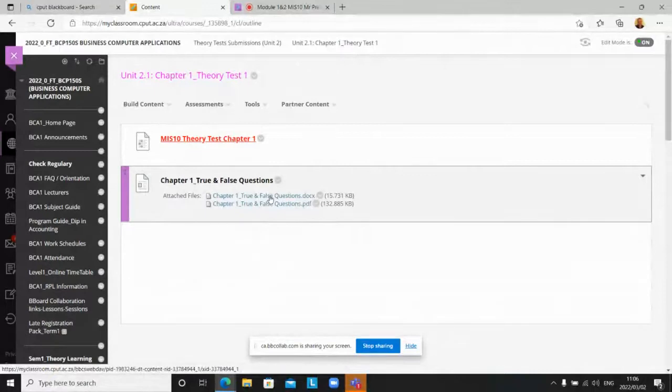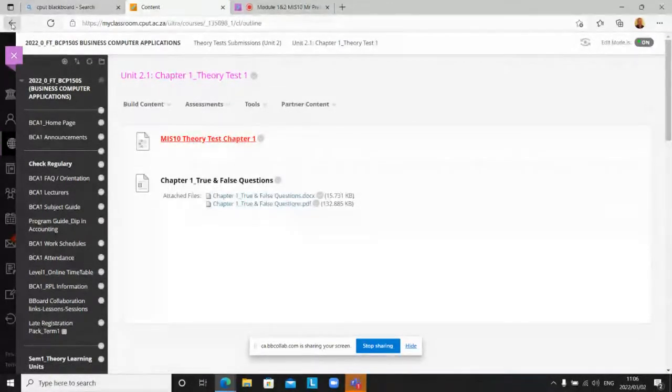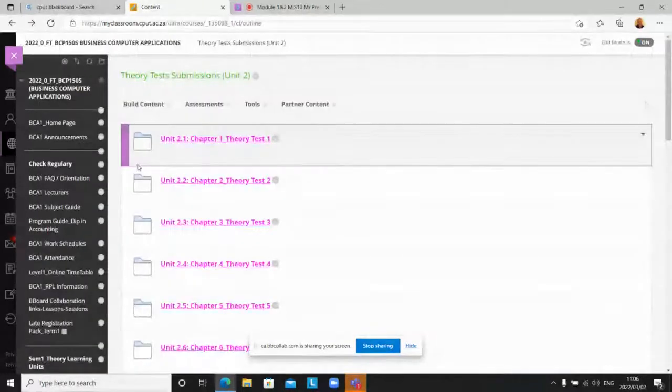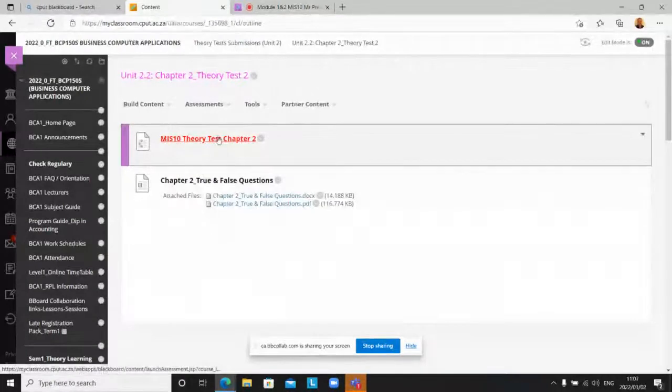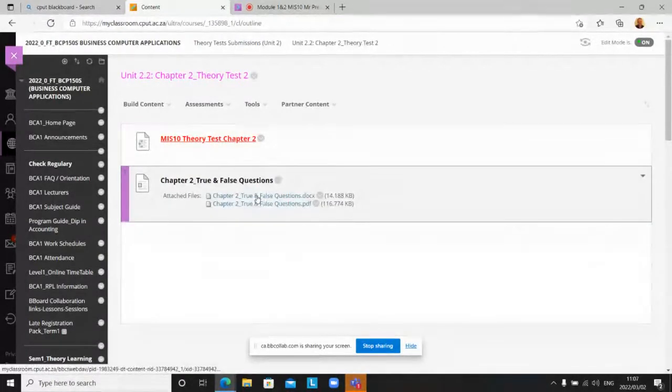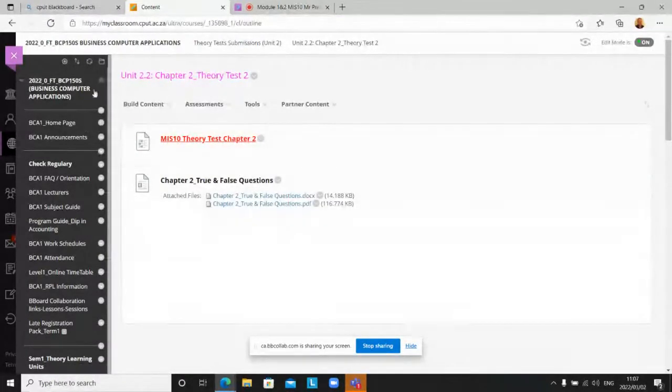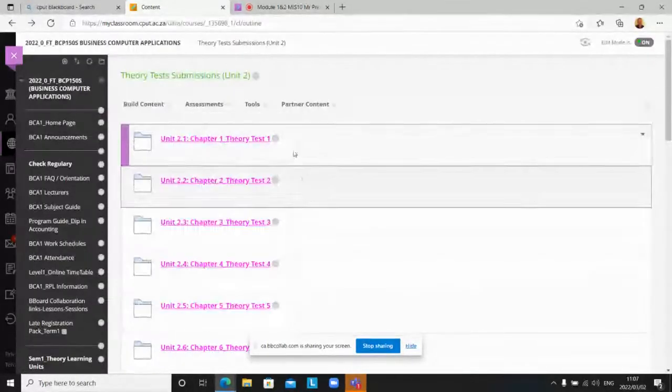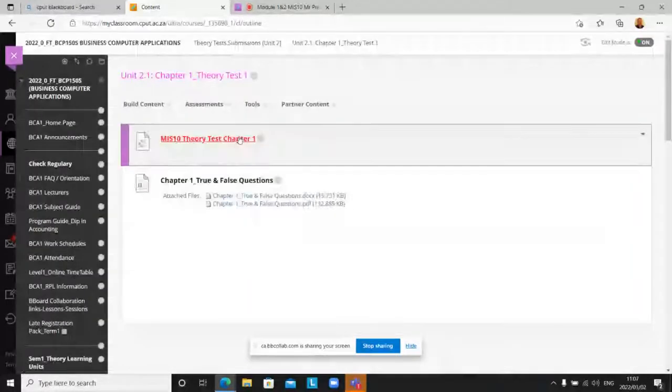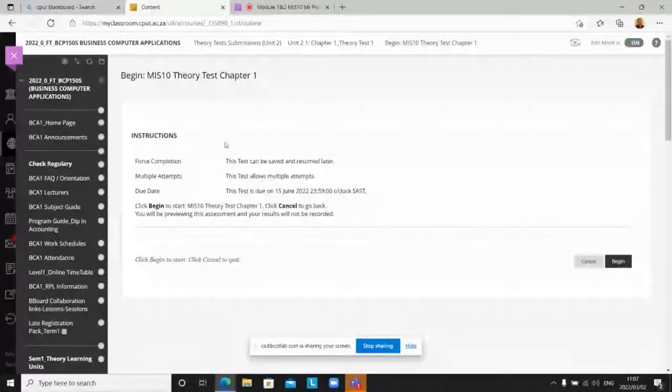We have true-false questions for chapter 1, which is nice and easy to answer. For chapter 2, we have a theory test, and we have some more true and false questions. So I'm going to go back to 1. You would click on your theory test for chapter 1 after we finished it today, and you would choose begin.